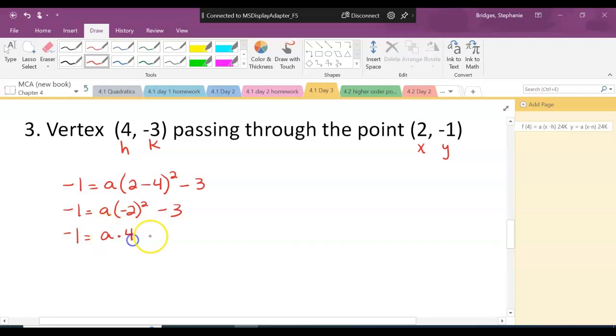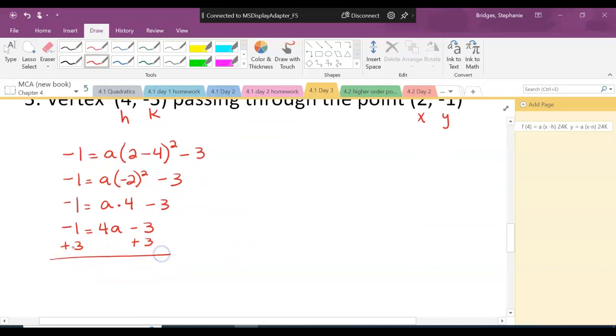So I had a couple of questions at this point. Okay, I've been putting a dot next to the a. You can put parentheses if you want to, but that a gets multiplied by whatever the result is from inside your parentheses squared. So before I start moving things, I'm going to write it like this. It's going to be just 4a. That's how we write 4 times a, right? Okay. Then we can continue to solve by adding my 3.